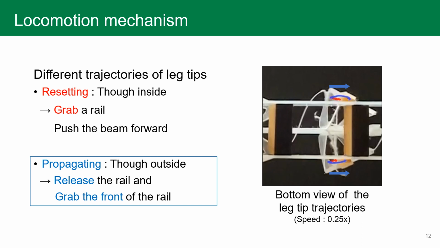On the other hand, when the bistable structures propagate waves, the leg tips travel outside, so they release the rail once and re-grip the front of the rail. These repetitions enable the prototype to locomote with a single motor.